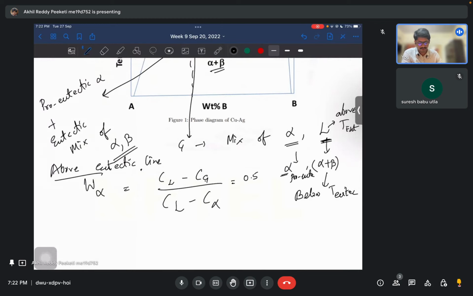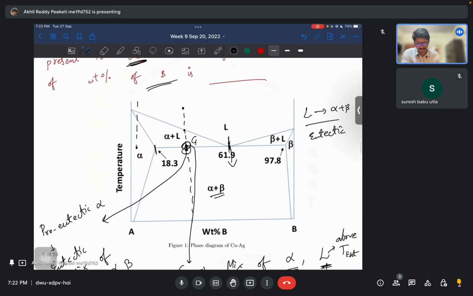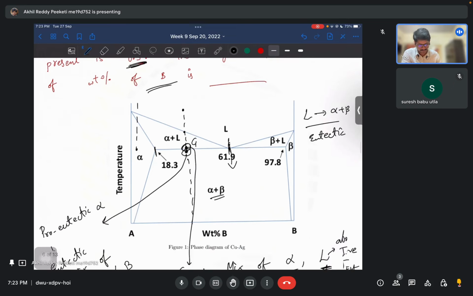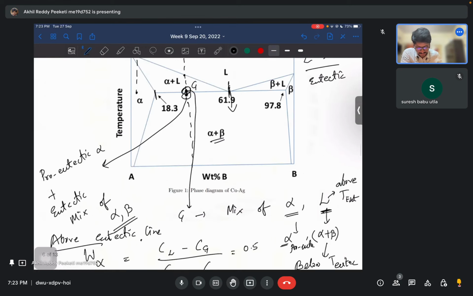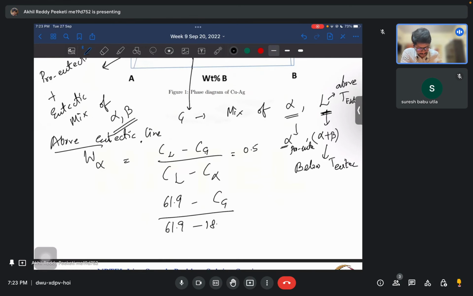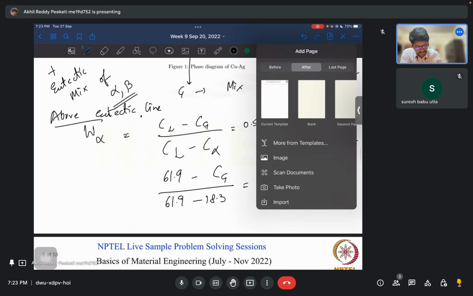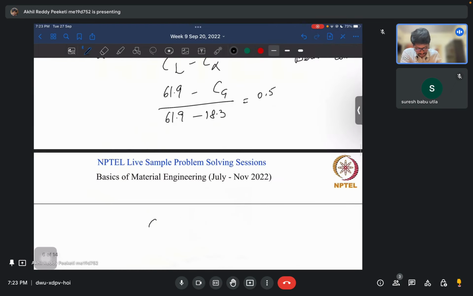Now we have to find what this composition Cg is, such that you will get a proeutectic mixture of 50%. So Cl is 61.9, Cg we don't know, and C alpha is 18.3, and the ratio is equal to 0.5. So Cg is equal to 61.9 minus 0.5 of (61.9 minus 18.3).